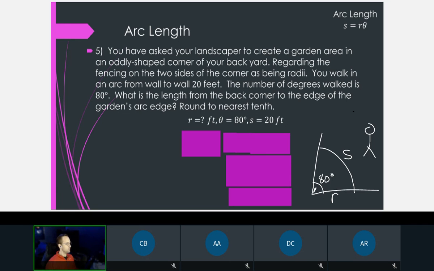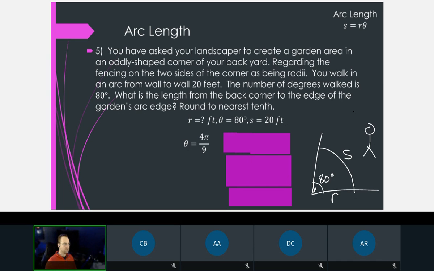All right, so we have to set this up. What should we do first? Very good. See, you guys have learned your lesson. We have to convert to radians. So what is 80 degrees in radians? 4 pi over 9. Yep, 4 pi over 9. So we're just going to plug this stuff in.